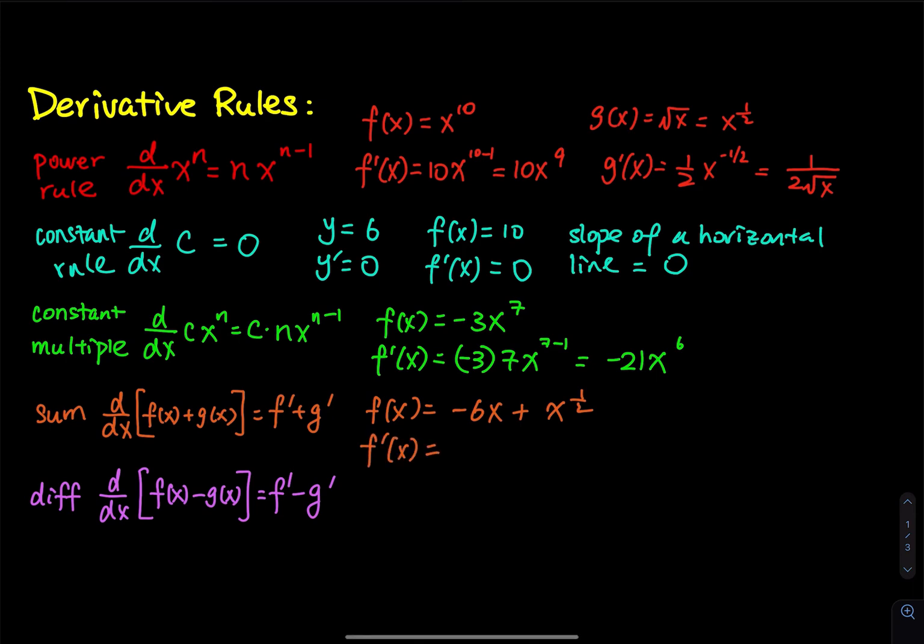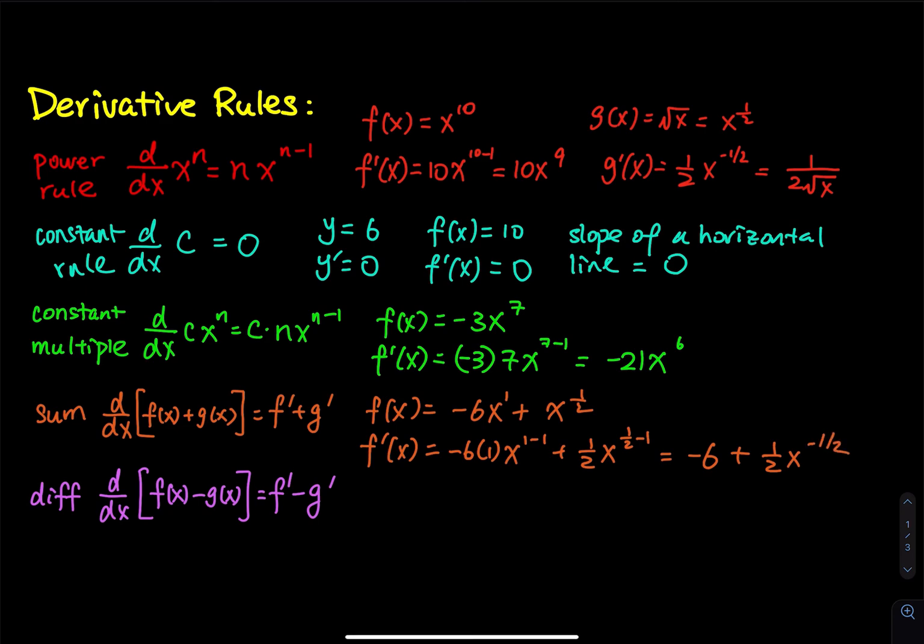So negative 6x is a linear function, right? The slope is equal to negative 6. Or you can draw a 1 right over here, so you take the 1 down and then x to the 1 minus 1. And then you take the 1/2 down, x to the 1/2 minus 1, and then you have negative 6 plus 1/2 x to the negative 1/2.